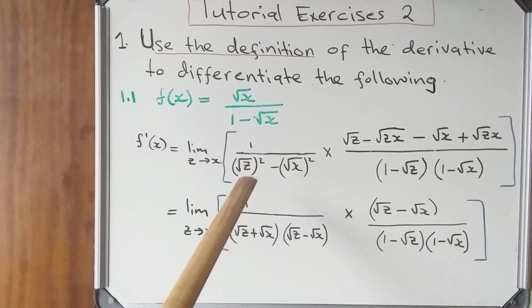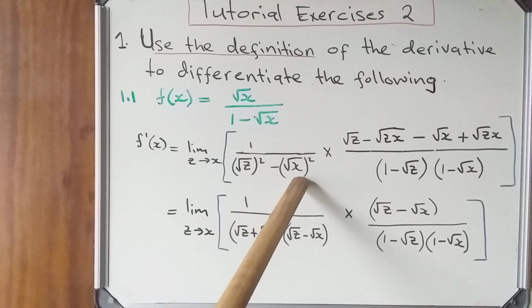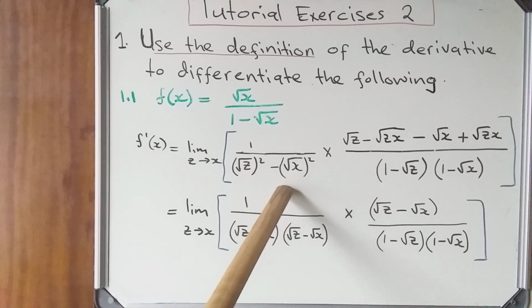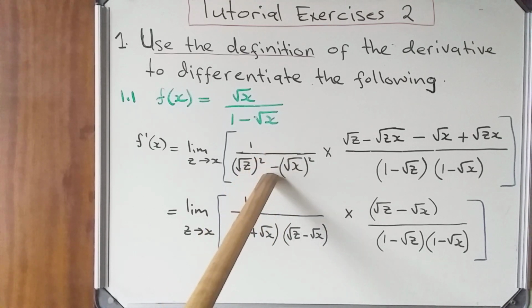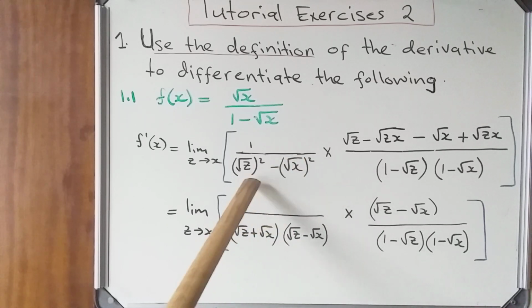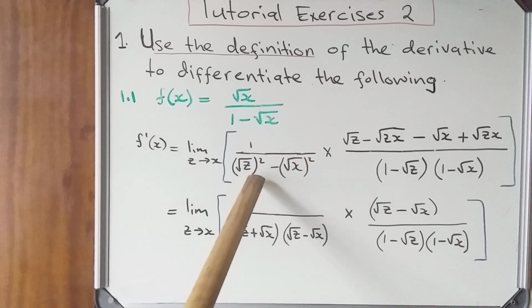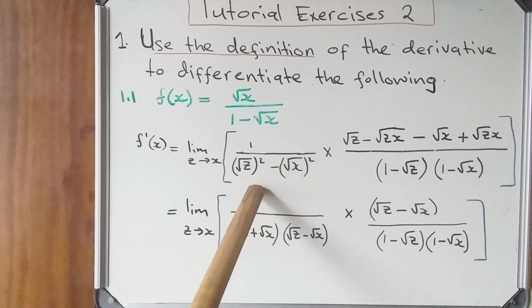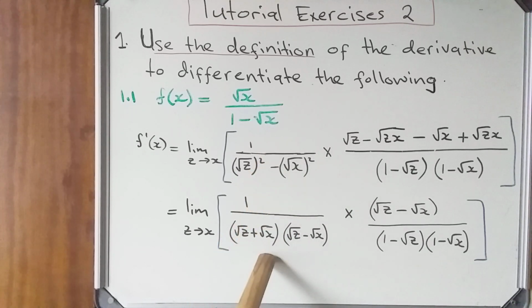Also note that here we were dividing by z minus x. So z minus x can be written as square root of z squared minus square root of x squared. If you square this, you get z; if you square this, you get x. The idea was to write this as a difference of squares, because we are trying to avoid dividing by 0.